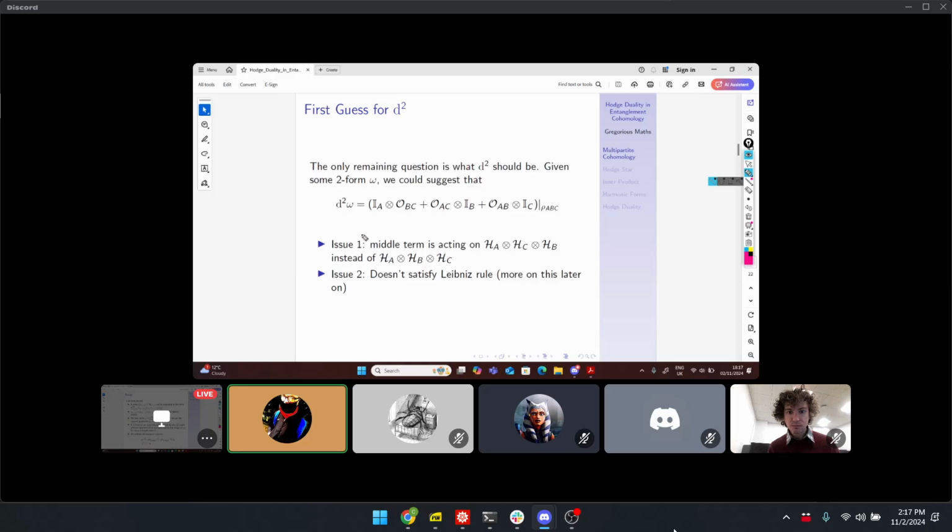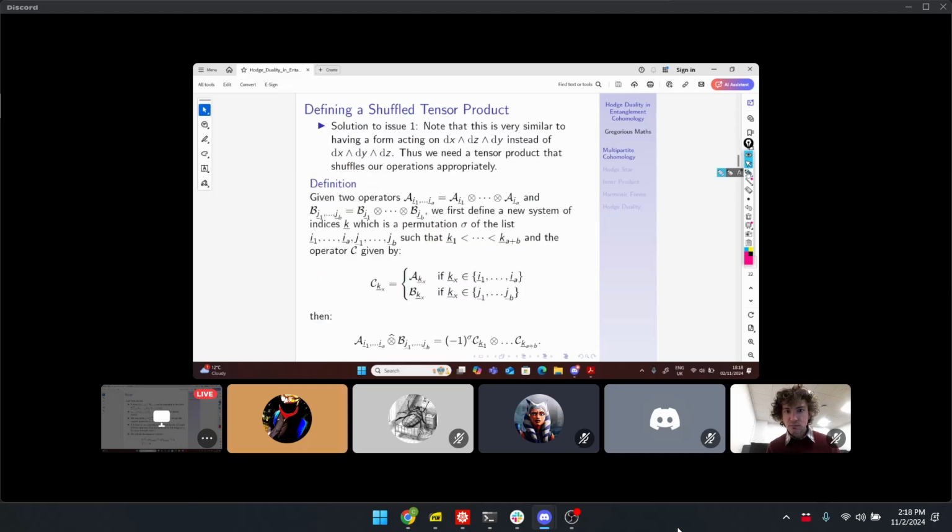Or in two slides. But first we need to solve this first issue, because it is pretty bad. So what we do is we define a slightly different version of the tensor product. Because we're acting on HACB, this is very similar to, if we're thinking about this in terms of de Rham, instead of acting on dx, dy, dz, it's sort of like acting on dx, dz, dy.